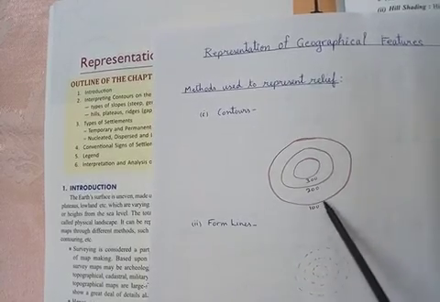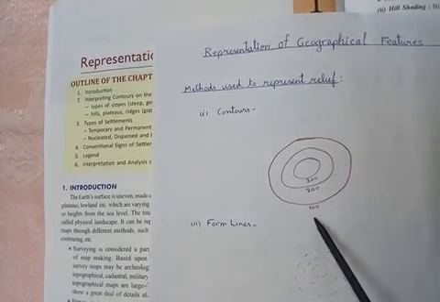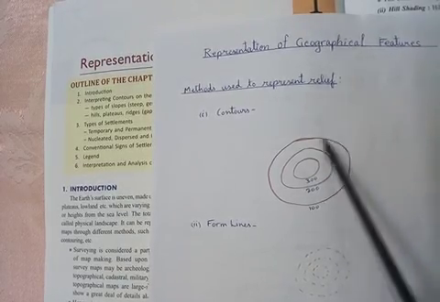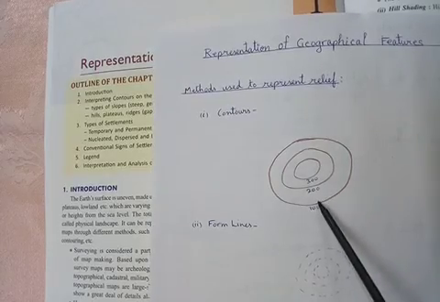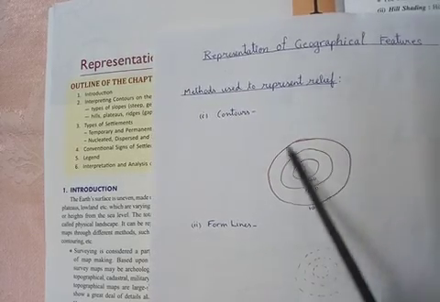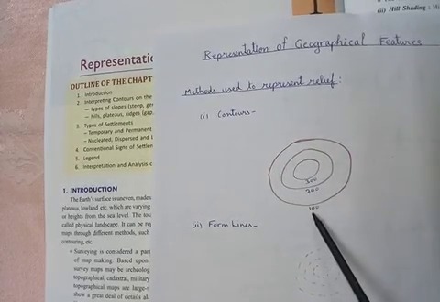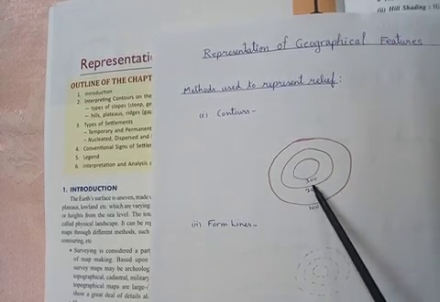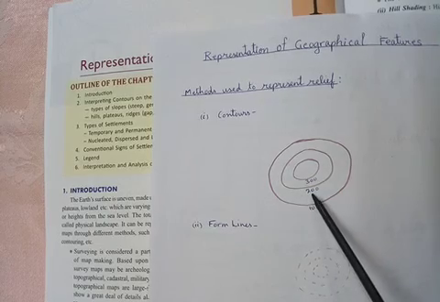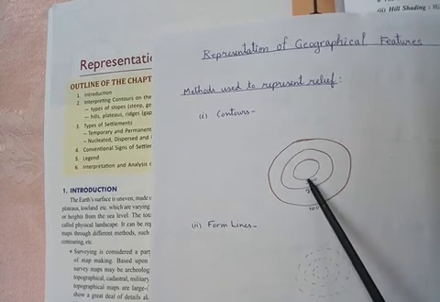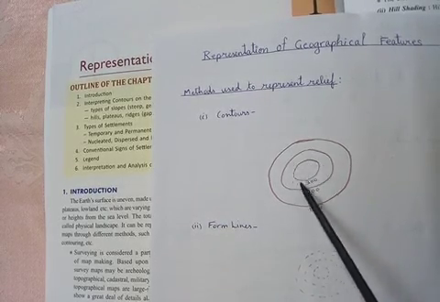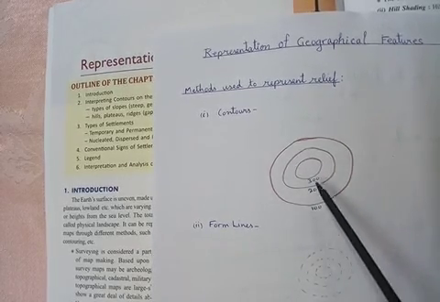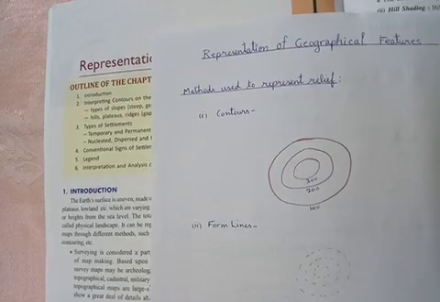This brown line with the number 100 represents that this line joins all the places having a height of 100 meter. In the same way, the second line joins all the places having 200 meter, and the third one joins all the places having 300 meter. So these lines represent one hilly feature.